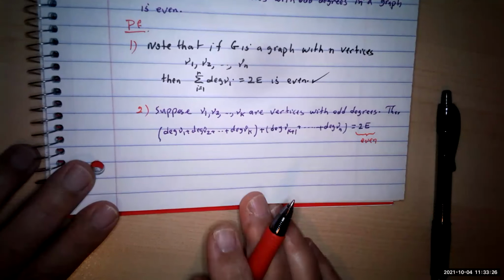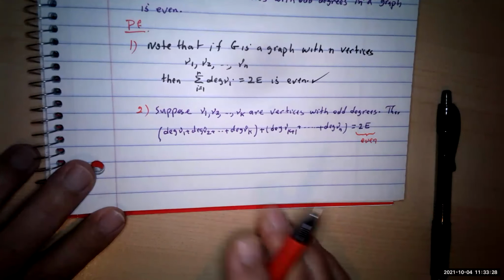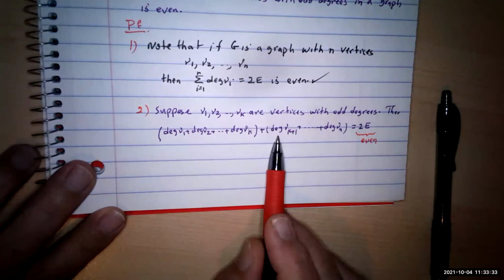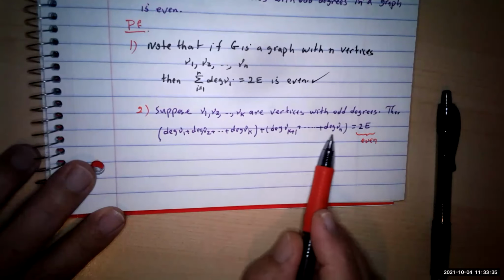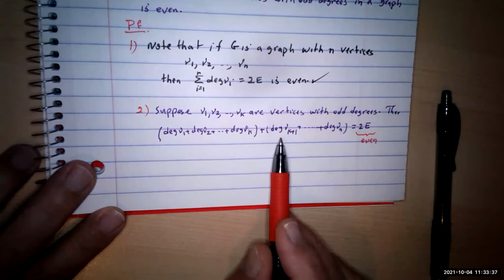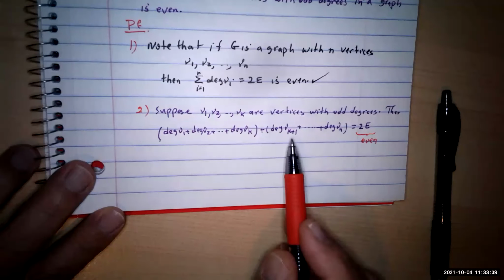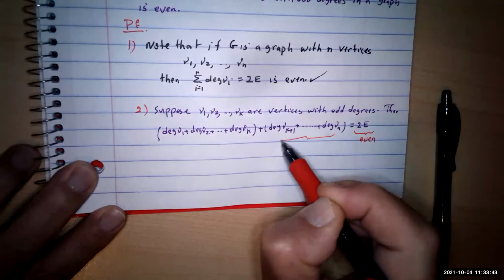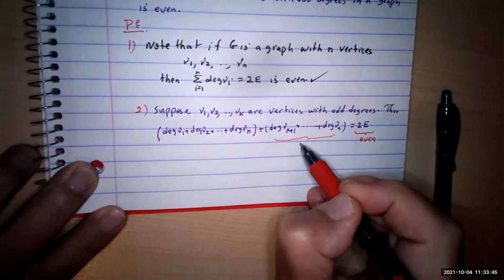This is going to be even, 2k1 for example, if you like formulas. Over here, these are all even numbers. When you add even numbers together, the result is always even. So this is also an even number.